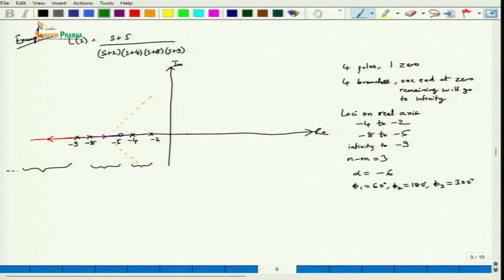The next one, which starts at -2, will follow asymptotes. So let us say we consider 60 degrees, and the one on -4 will start from the minus asymptote, and both these branches will be mirrored. So this is what it looks like for this system.